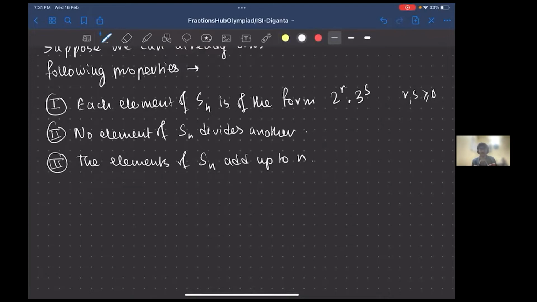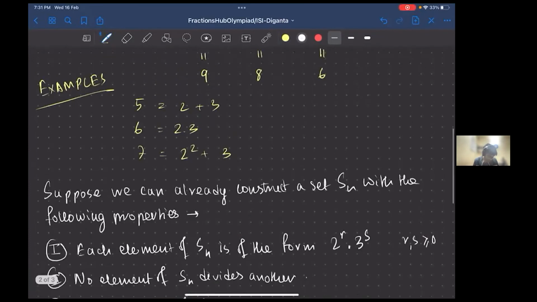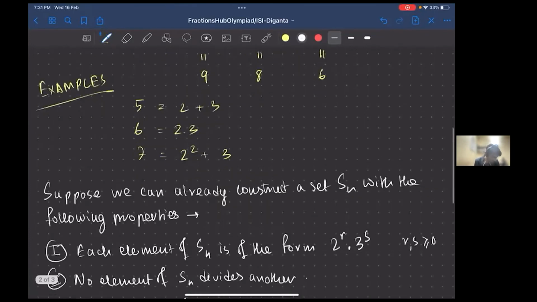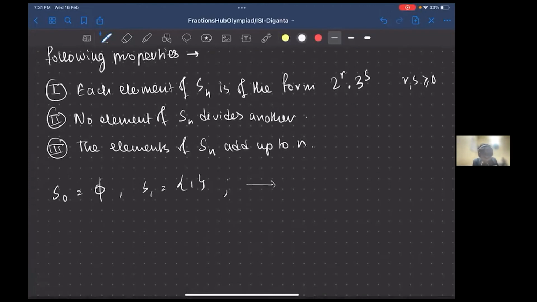So you can easily find what S0 is. S0 is empty, it doesn't have anything. S1 is 1 itself. And we had seen some other examples here, like S23 we had, 9, 8, 6.